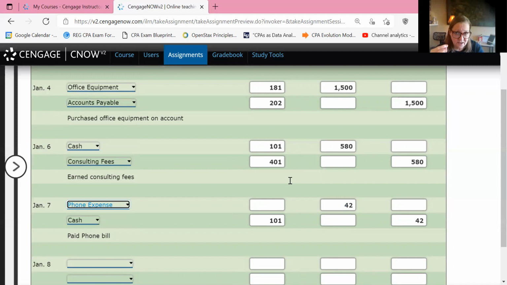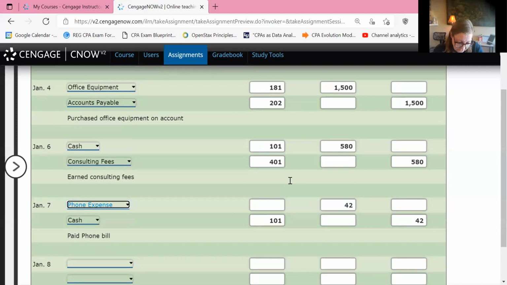But if it says phone bill, you could first try the word they use, which is phone expense. And if it's not there, look for telephone expense or utility cost or utility expense. Unless they said it's for a future month, it's not prepaid.